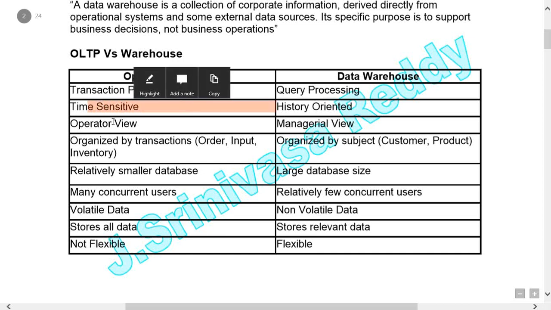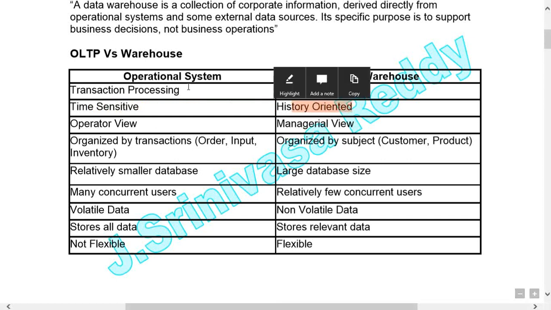Whatever transaction you do, that transaction related data gets stored in the operational systems. A data warehouse contains historical data, complete years of historical data, so it is history oriented. The operational systems are made for operators, for business transactions, so it is an operator's view.